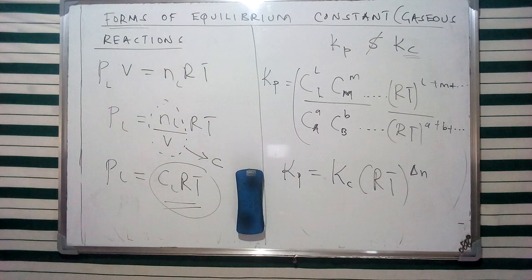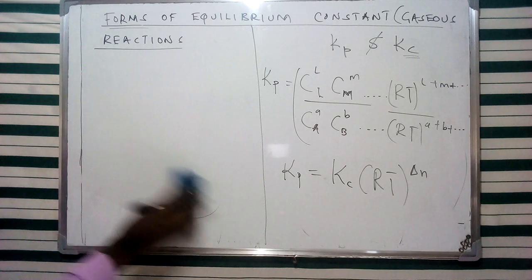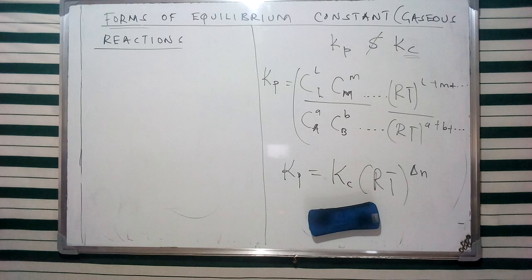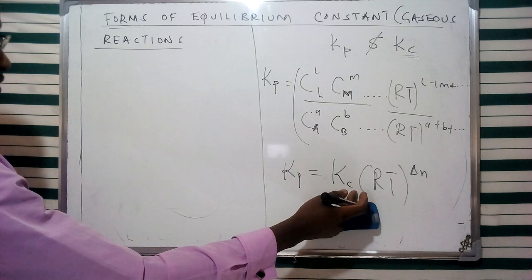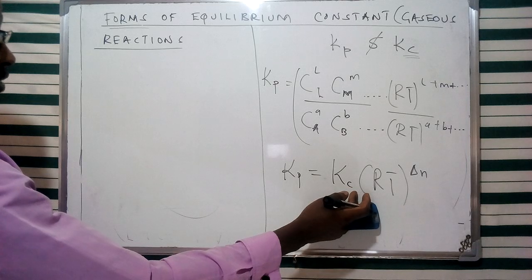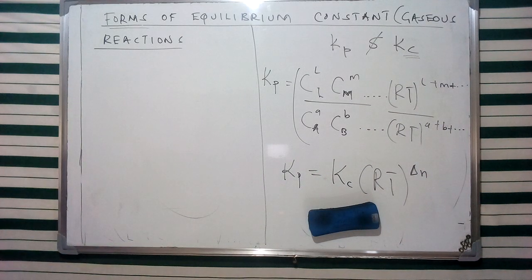Therefore, we have a general representation of this form of equilibrium constant in terms of Kc, where this is concentration, gathering the ratios that we derived from the ideal gas equation.